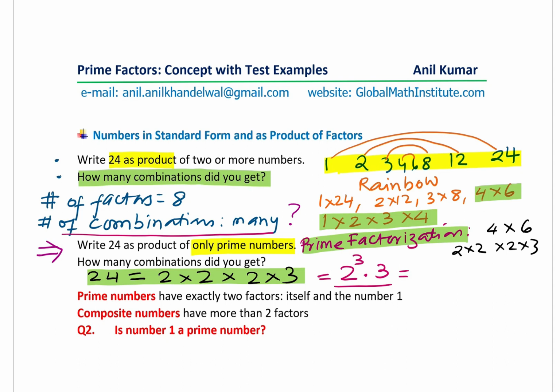We may or may not use the 2. We may just write 3 as one of our factors, correct? And as far as 3 is concerned, we may use it or we may not use it. So, for 3 2's, we have 4 combinations. And for 3, we have 2 combinations. And total, we have 8 combinations. So 8 is our answer. So total combinations are 8.